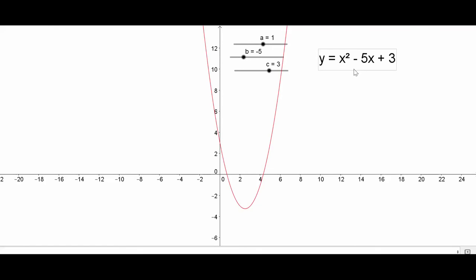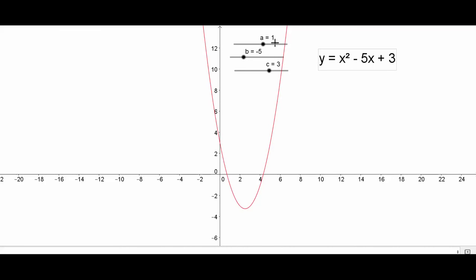Now, here is a quadratic function and it's sketched in this computer program. And this one is y equals x squared minus 5x plus 3. And I can vary the values a, b and c, the coefficients of x squared, x and the number.